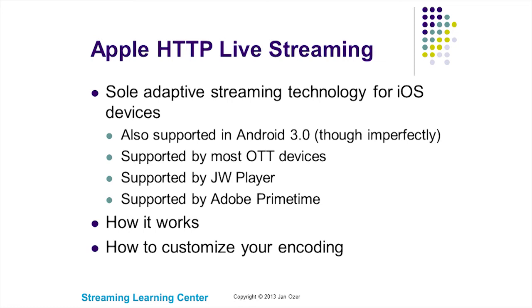The other alternative, recently announced by Adobe, is a technology called Primetime. Has anybody heard of Primetime? Okay, so Primetime is a technology that sits above the Flash player and, interestingly, in June or sometime this summer, it will add HLS playback.